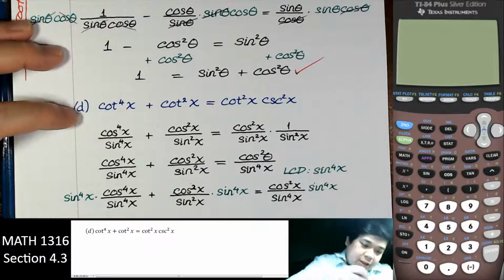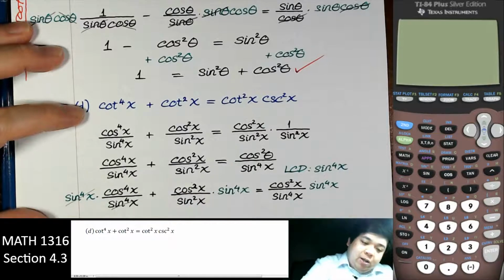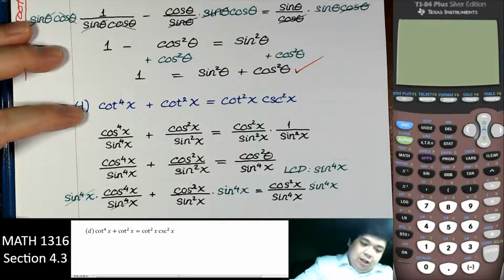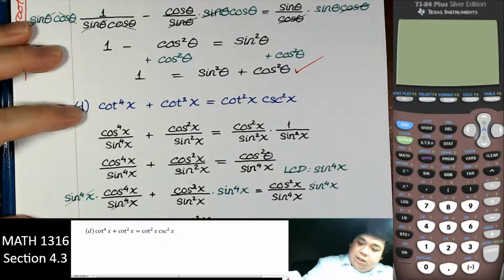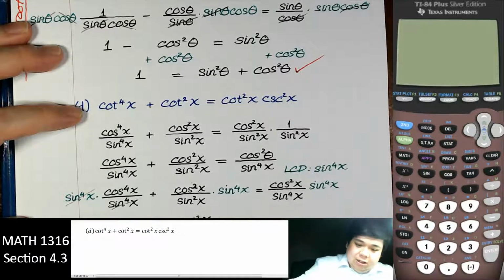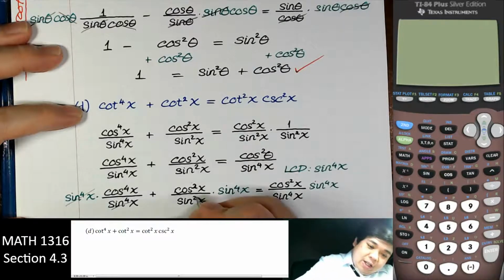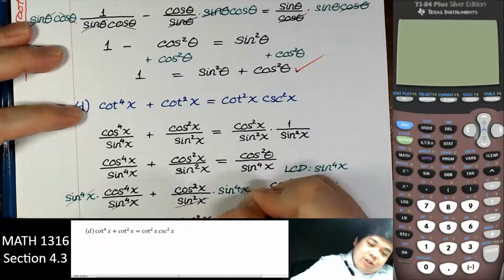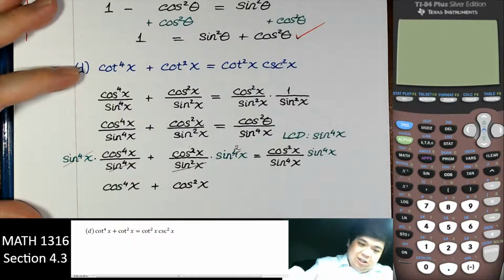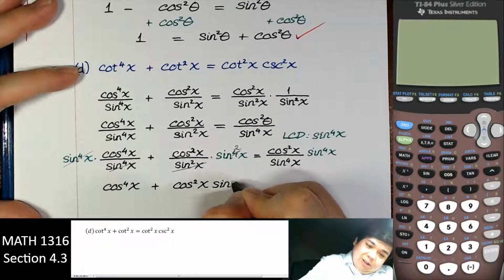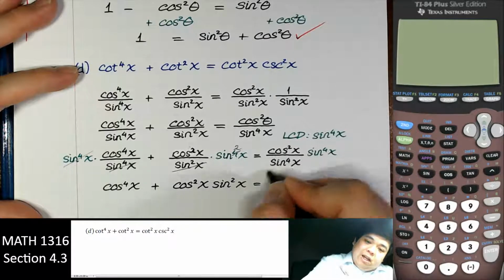So cancel that. Plus cosine to the fourth plus cosine square. This is a square, so when we cancel there will be a square left. And cancel out.